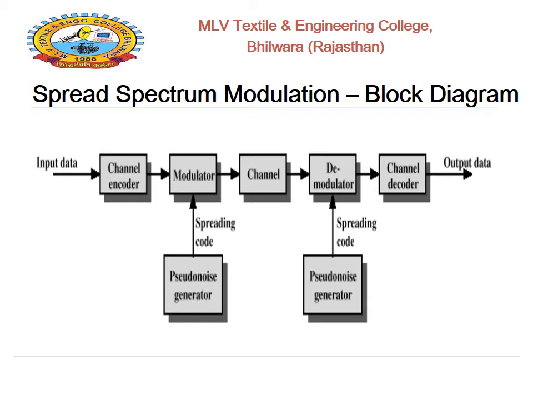The bandwidth of the input data is increased according to the PN sequence generator and finally transmitted through the channel to the output section. Increasing the bandwidth of the input data by using a particular arrangement is known as spreading, or spread spectrum modulation.